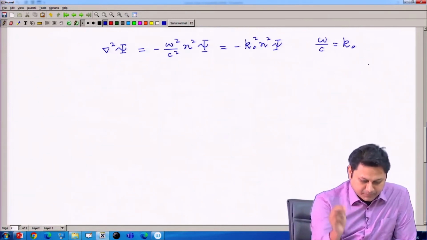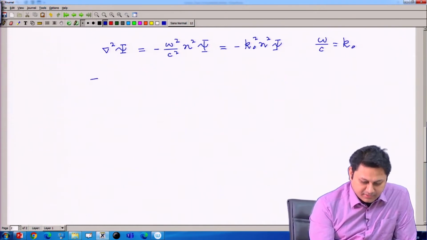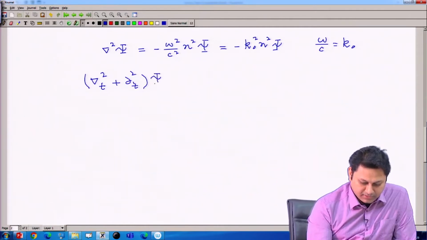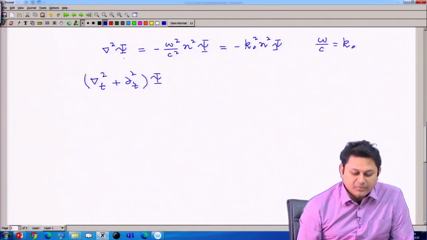Well, this can be written as, with the notation we have been using for a long time, that I divide this del square operator into two parts.